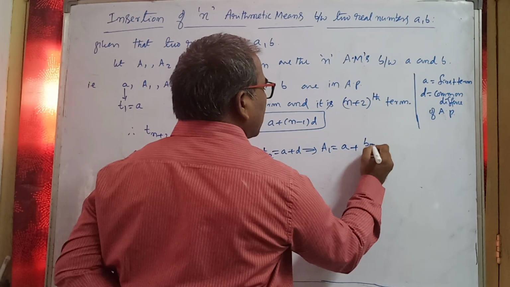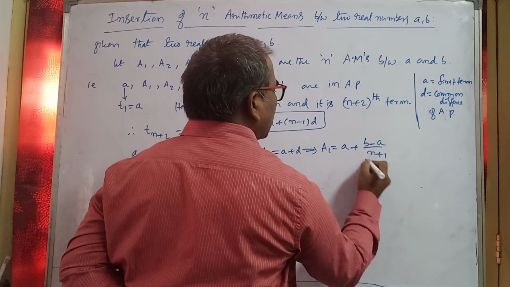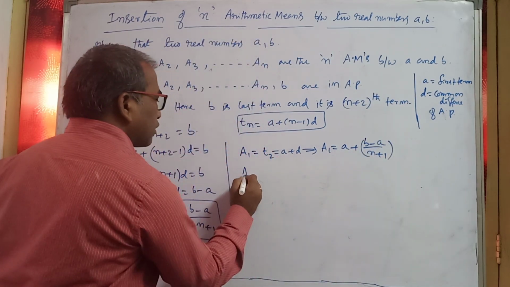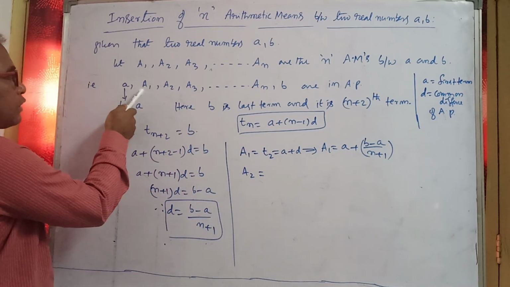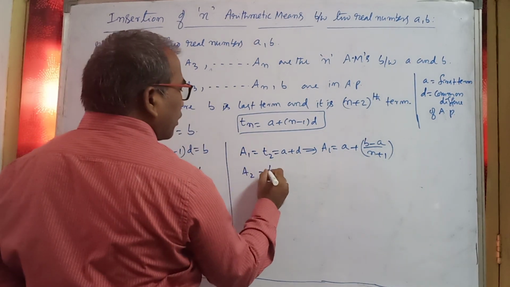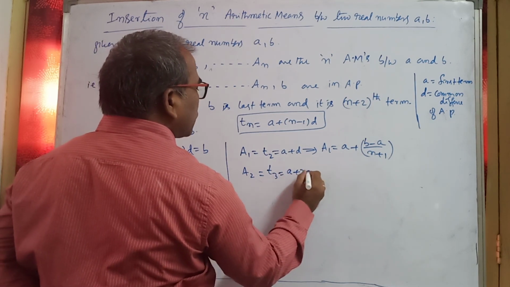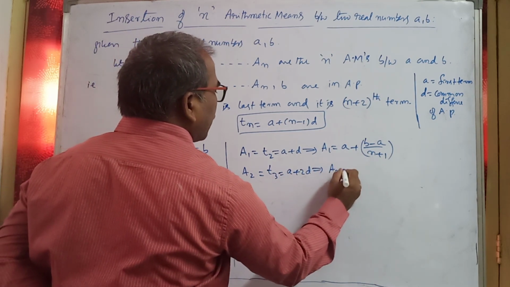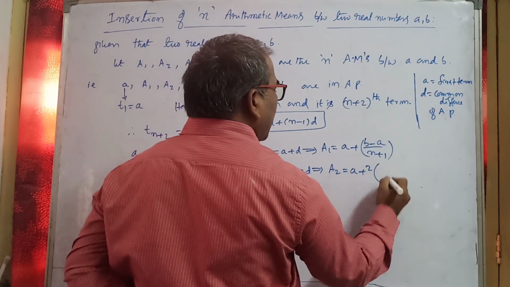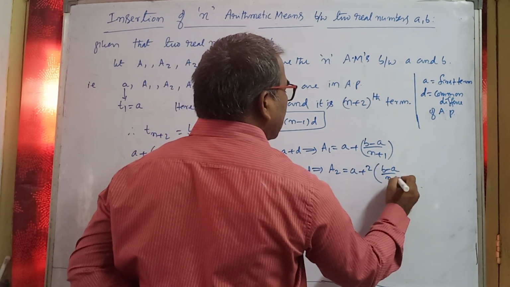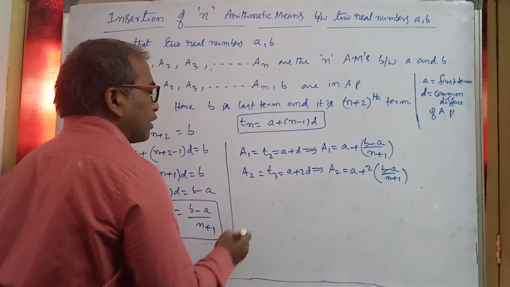D means (B minus A) by (n plus 1). Next, coming to A2: which term? 1, 2, 3, third term. Third term means A plus 2D. So A2 is equal to A plus 2 into (B minus A) by (n plus 1).